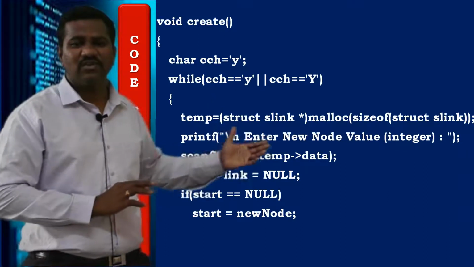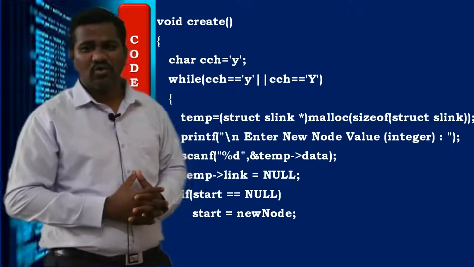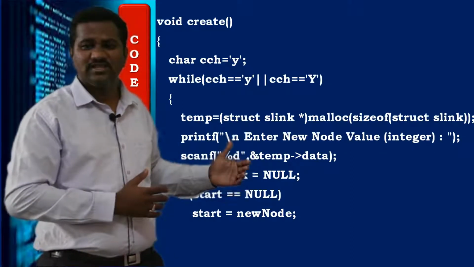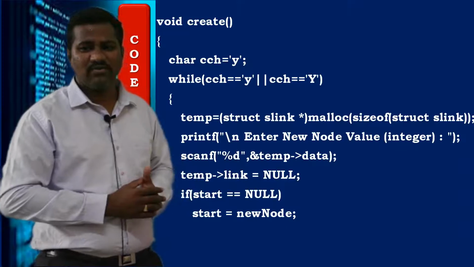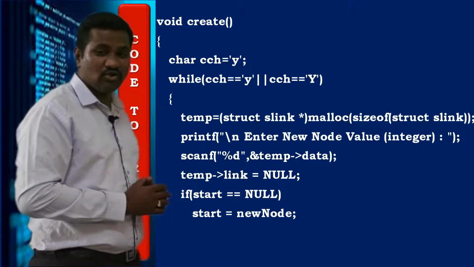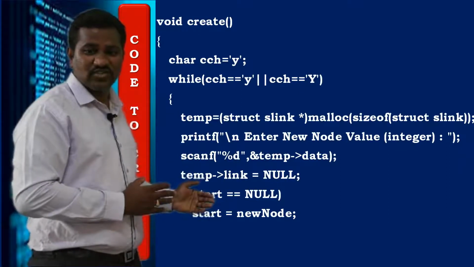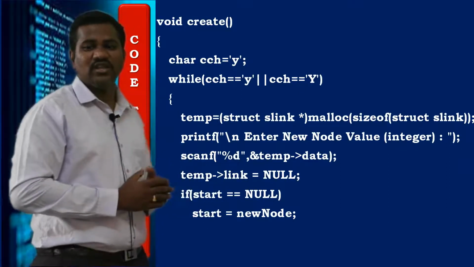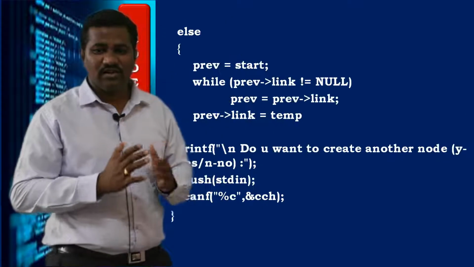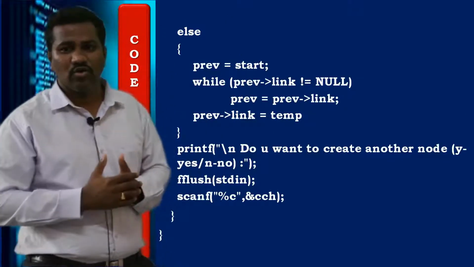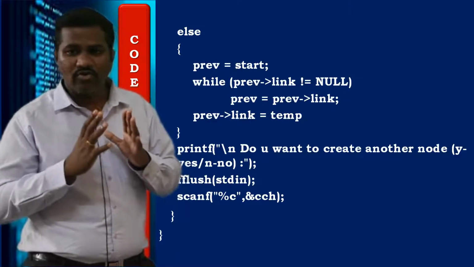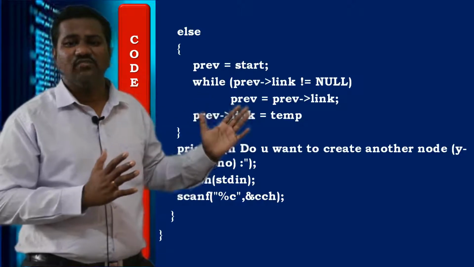Between that, we take one printf statement, printf enter the node value, and then with the help of scanf we accept the node value. Then we assign null to the link part, and we check whether we are creating the first node in the list or not. If we are creating the first node, then this is going to be true, and we assign temp to start. After creating the first node, we'll go on to create the second node. That means when you create the first node in the list, the if part is going to be executed.